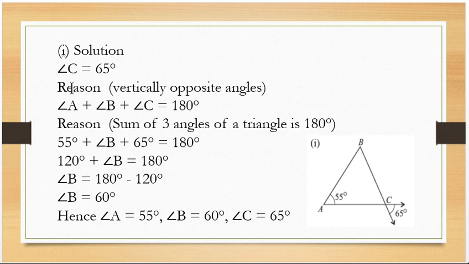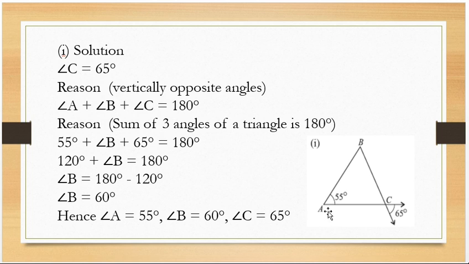So I am saying that angle C is equal to 65. Why? Because they are vertically opposite angles. You are observing that the two lines are intersecting and the angles formed outside and inside the triangle will be the same due to vertically opposite angles. So angle C is equal to 65.